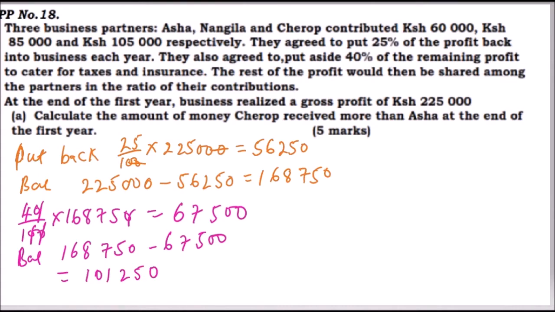The amount they had each contributed, you can add 60,000 plus 85,000 plus 105,000, that should give you 250,000. Use your calculator. Now the profit which remained, 101,250, is to be shared among the three according to their contribution.